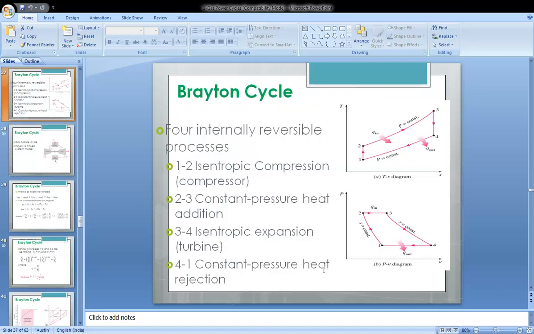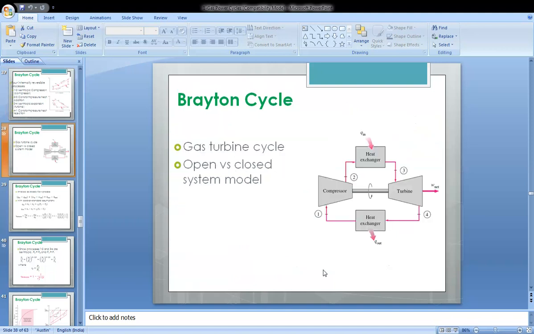These are the four operations: 1 to 2 is the isentropic compression, 2 to 3 is the constant pressure heat addition, 3 to 4 is the isentropic expansion, and 4 to 1 is the constant pressure heat rejection.